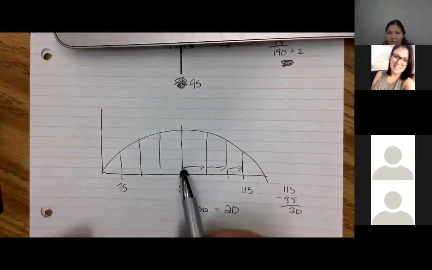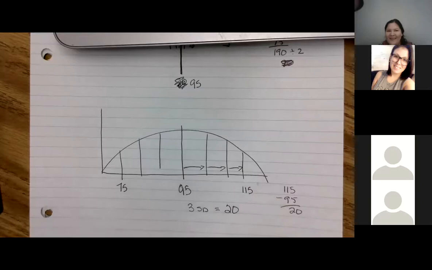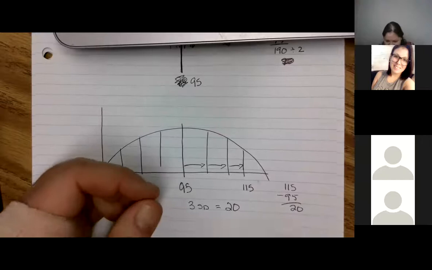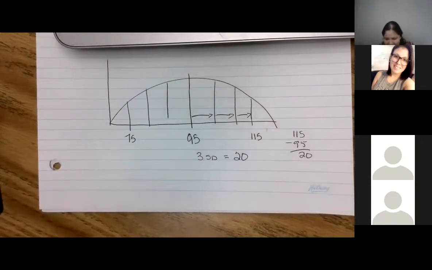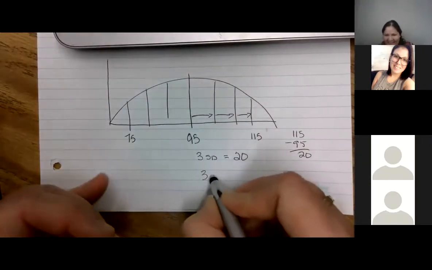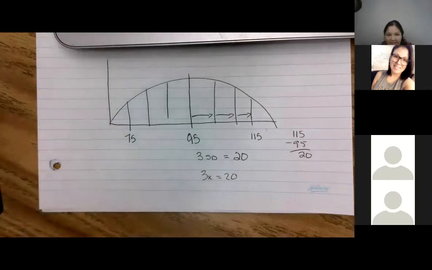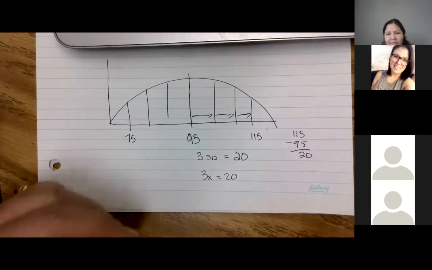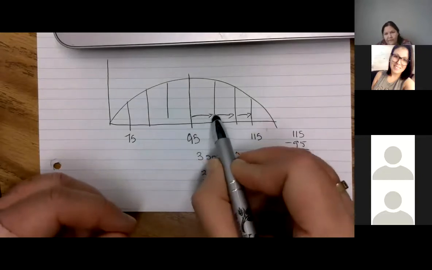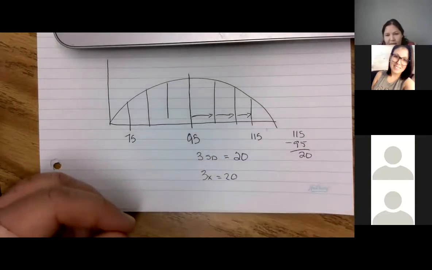So if 3 standard deviations is 20, how much is 1? What am I going to do? Don't overthink this. Here, let me help. 3x is 20. Clarissa, what am I gonna do? Wait, I'm confused. Where did you get the 3? 1 standard deviation, 2 standard deviations, 3 standard deviations. And the 20 came from when I subtracted those two.